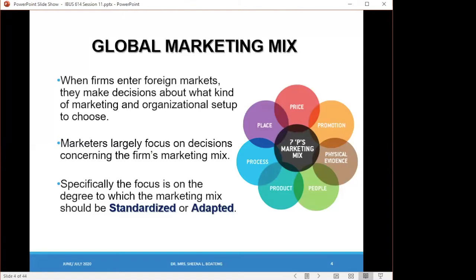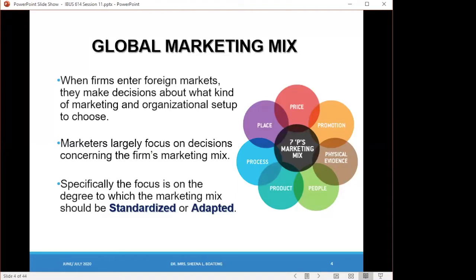So marketers would focus on decisions concerning their marketing mix in more stringent detail than they would in a domestic setting, given the vast number of factors and issues that come into play when marketing to customers on a global level.